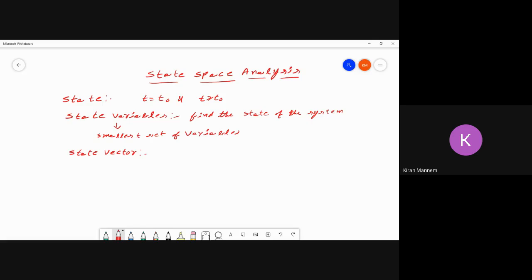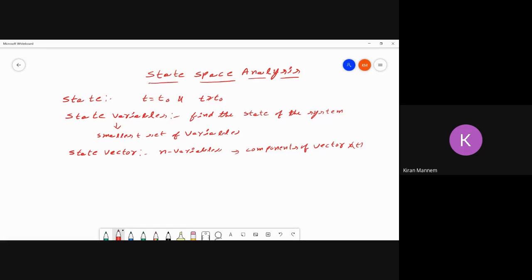Such a vector is called a state vector. So if you have n variables, these n variables are components of a vector, and that vector is called the state vector x of t.